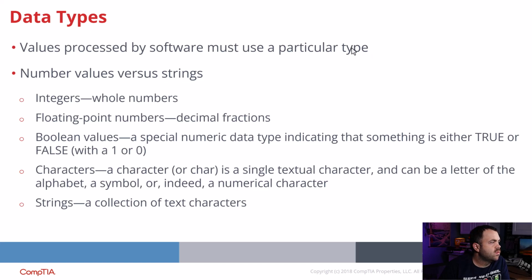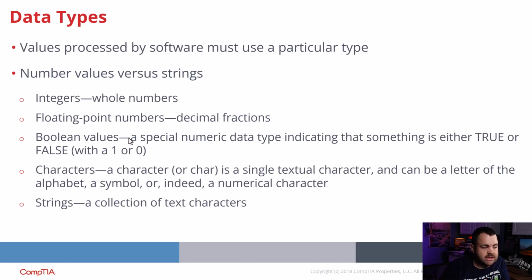What I mean by that is an integer is going to be a whole number: 1, 2, 3, 4, 5, 6, 7, 8, 9. Those are all whole numbers. Then floating point numbers are when we have that decimal in there: 1.2, 2.6, 3.2.